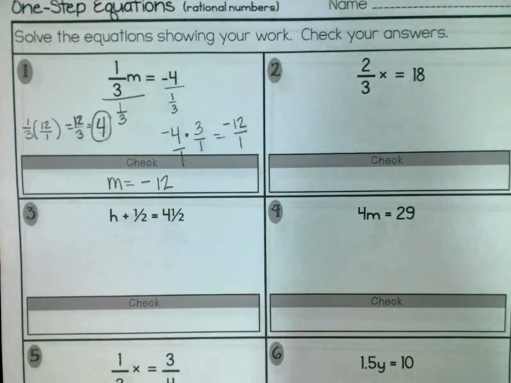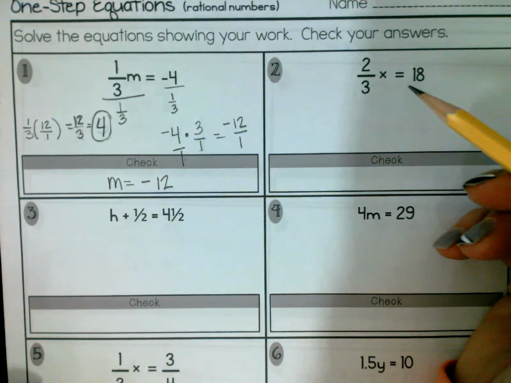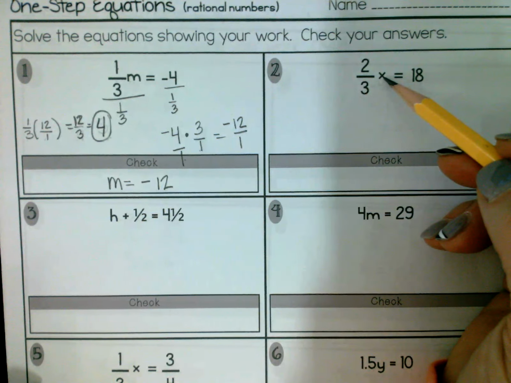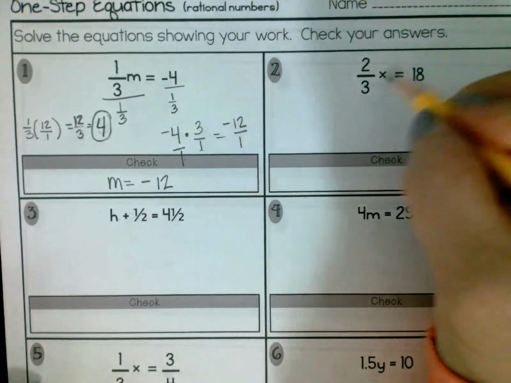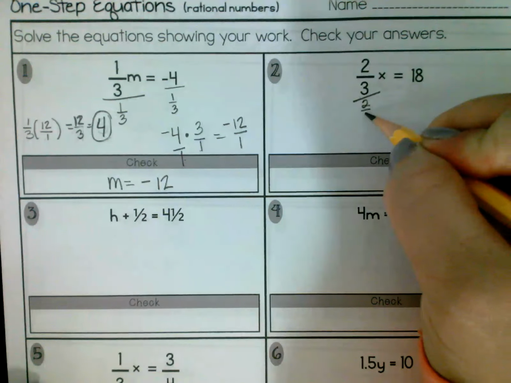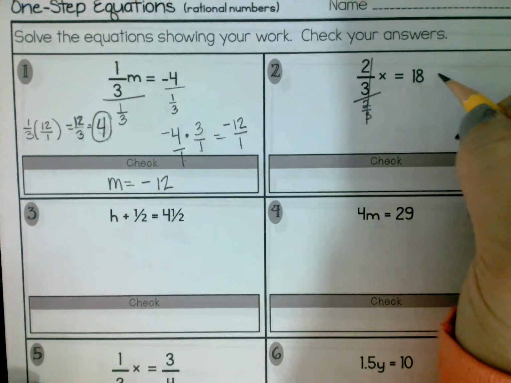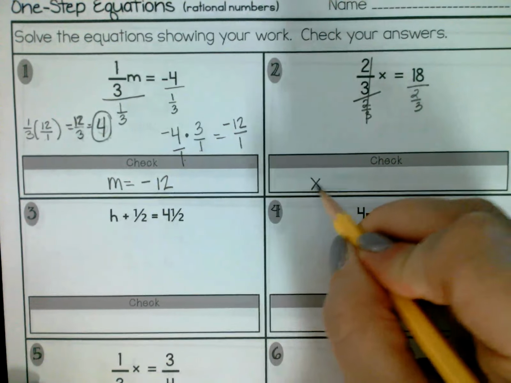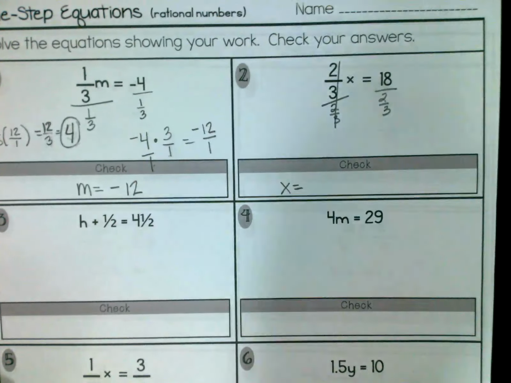My apologies. Again, on this one, I have a fraction, but the variable is not in the fraction, so I have to divide by 2/3. Then I would divide by 2/3. So x will equal something.